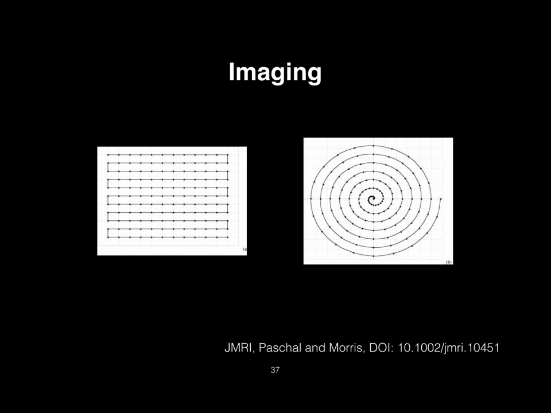Essentially, it comes down to the effects that these have on the data and on your final image quality. One thing that we need for a lot of functional MRI is BOLD contrast, and you need some amount of time for that to evolve. For spiral imaging, if you start here, there's a lot of dead time where your scanner is not doing anything, which is wasted for collecting data.